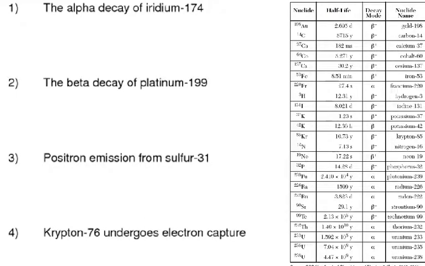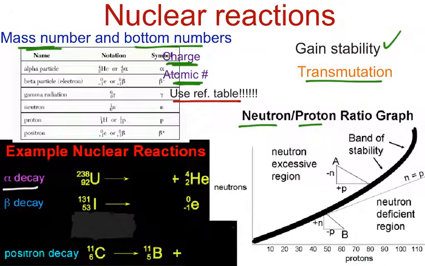But even if they don't tell you it's alpha decay, and they say the substance is undergoing a nuclear reaction or nuclear decay, you can look on this particular table and the decay modes are right there for you. So don't forget you can use this table to find all the decay modes. You match it up and you get it from there. So even if they didn't give you the decay mode, but they gave you a particular substance, you can still figure out the reaction. Alright, so we have alpha decay, guys.